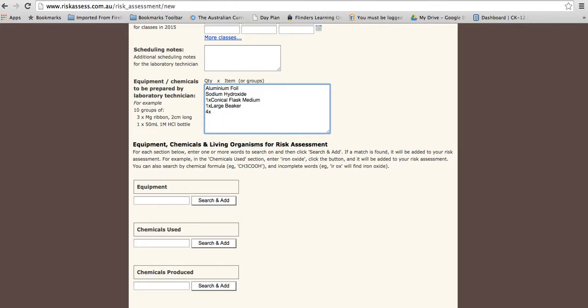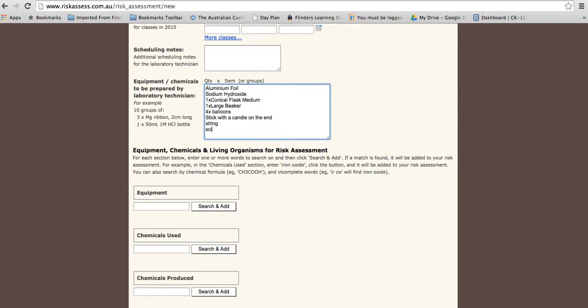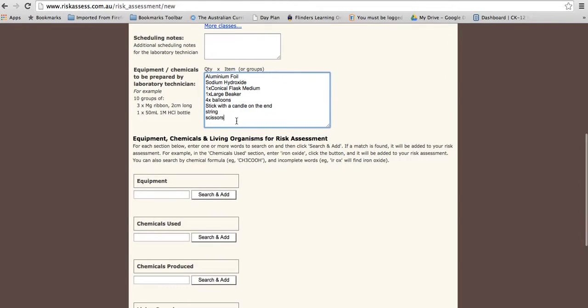Now I'm going to factor in for a few that don't quite go according to plan, and for the fact the class might like to do this more than once. So I'm going to need a stick with a candle at the end. So that's just to ignite my balloon. Joff will know what that is. And some string to hold my balloon. Okay, so we better say scissors as well. So we've got all those things.